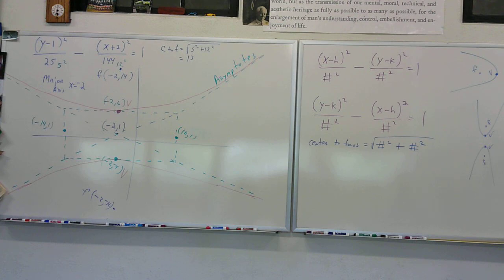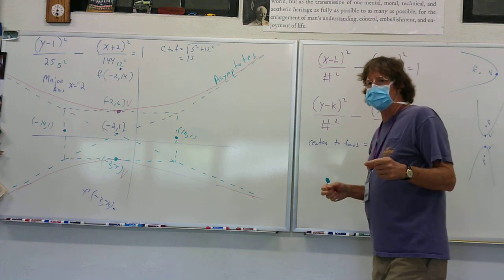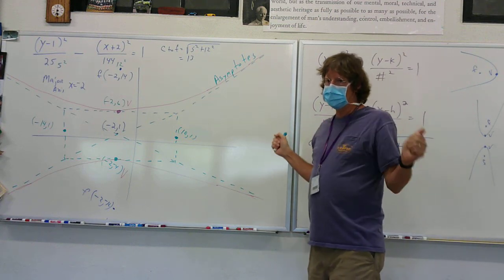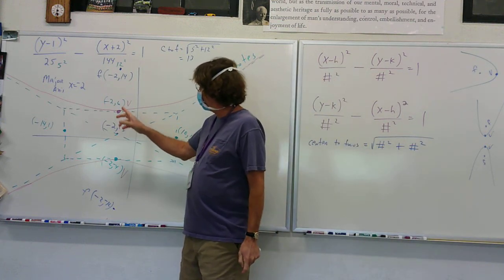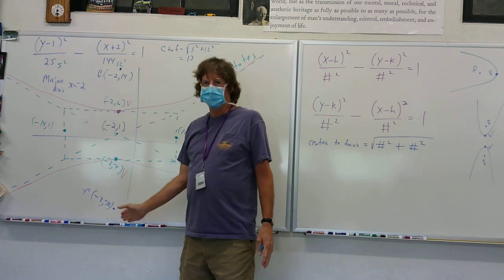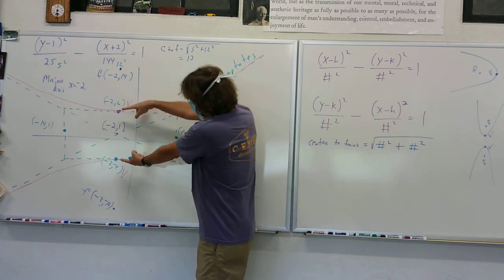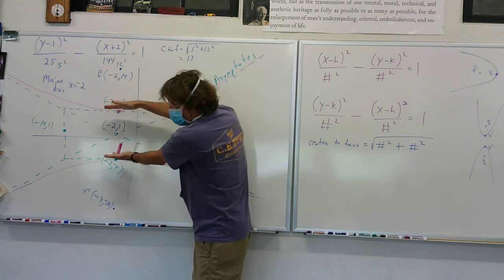And you said it's not always the longest one? Yeah, it's not the longest one like it was for an ellipse. For an ellipse, the major axis is always what? The longest. But in this case, the major axis is always the one that has the vertex and the focus and the center on it. Notice it's not the longest here. It's not the longest from here up to here, see?